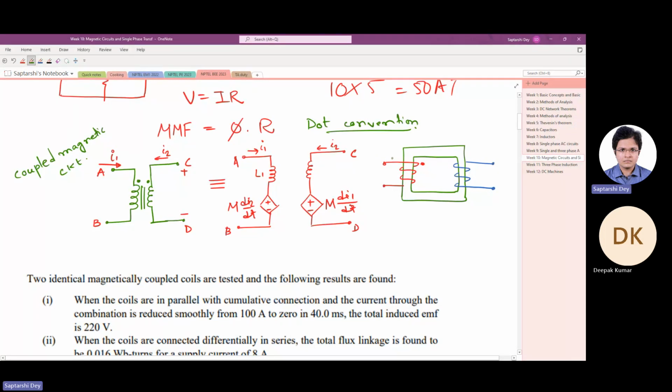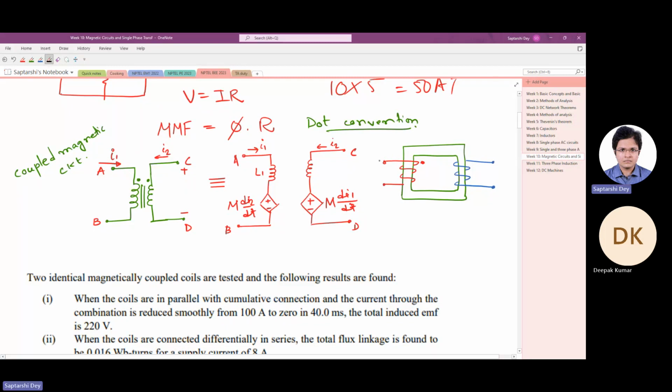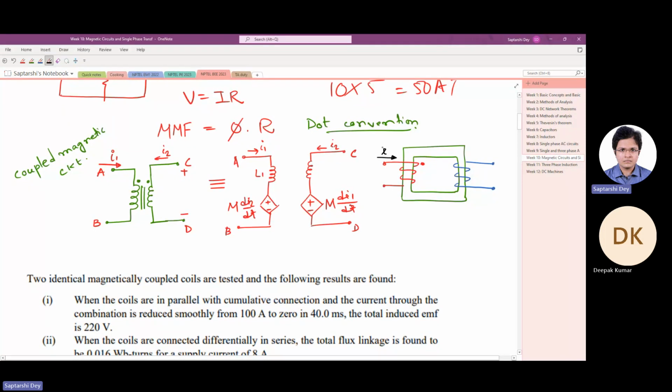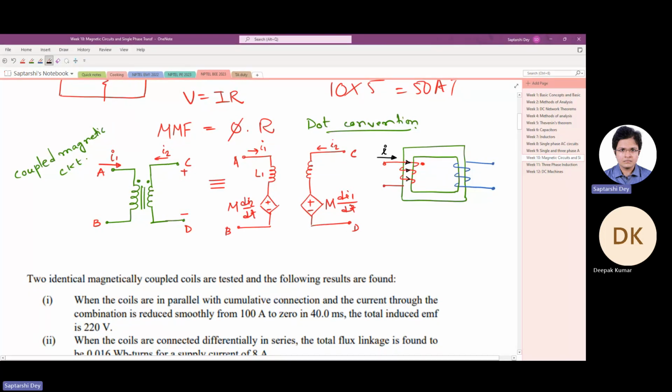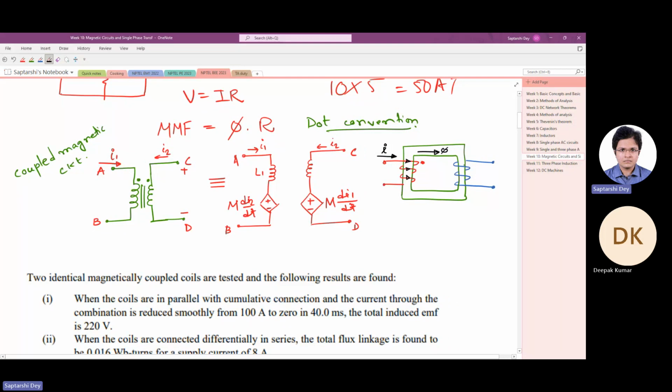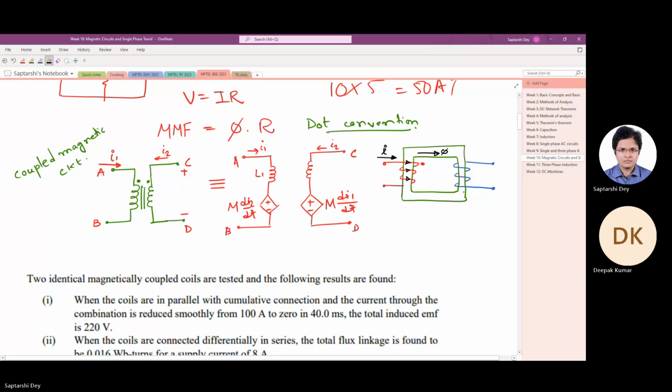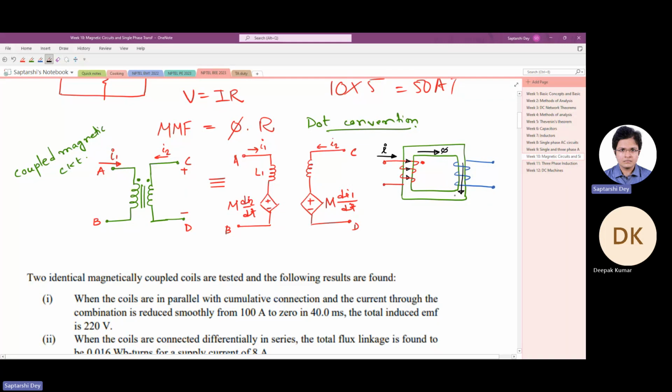So what we take is a current I. Now we will apply our definition that we just learned: if this current I is increasing, it will induce a positive voltage on the dot terminal of the other coil. Now see, if this is a current I flowing like this, by right hand rule you can say that this creates a flux phi like this, which goes down in this branch. Now, if this current is increasing, then this flux is also increasing.